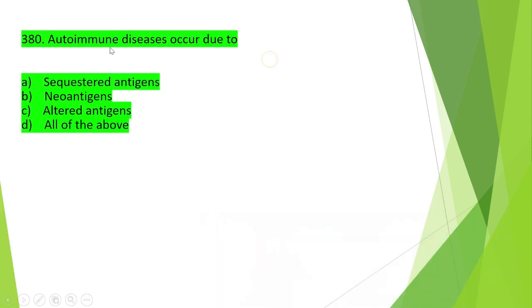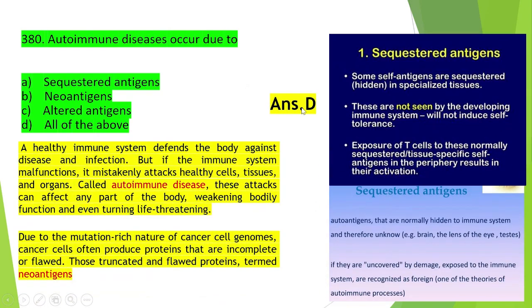The next question is, autoimmune disease occurs due to sequestered antigens, neoantigens, altered antigens, or all of the above, and the right answer is option D, that is all of the above. So what is a sequestered antigen? Sequestered antigens are autoantigens that are normally hidden from the immune system and therefore unknown.